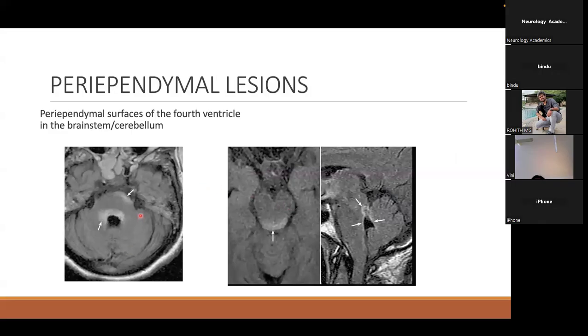And then in the brainstem, it will involve mainly the periependymal surface, like the floor of the fourth ventricle in the pons, the subpial surface, and also the dorsal part of the midbrain, and also around the fourth ventricle. The periependymal surface in the brainstem is a typical site for NMOSD.